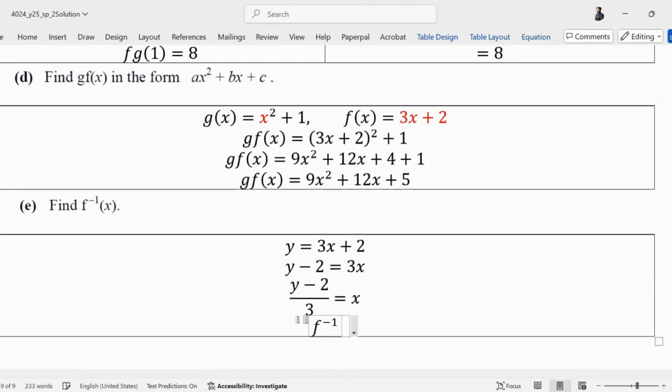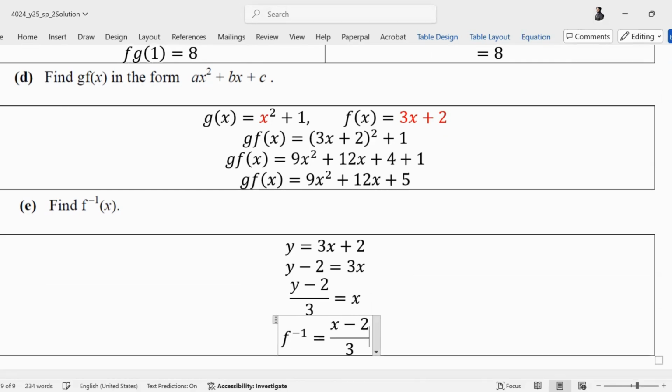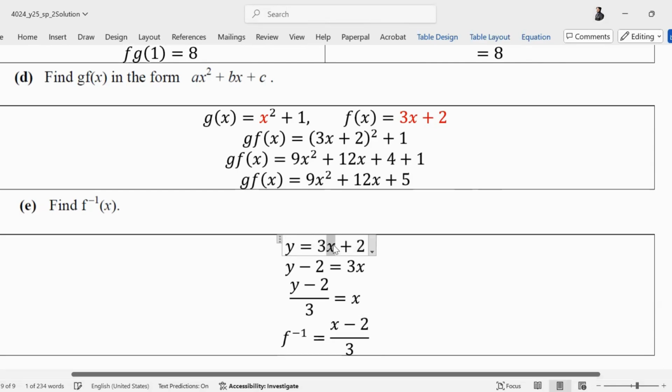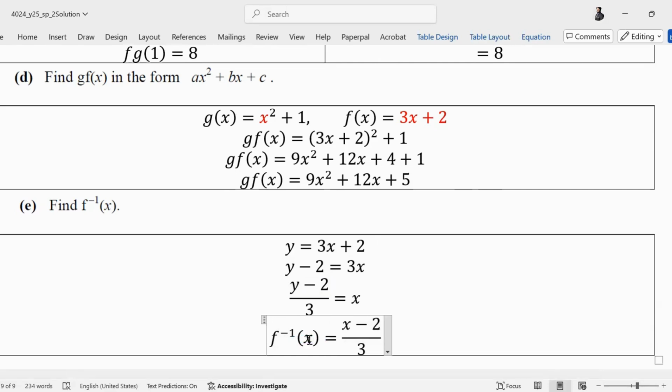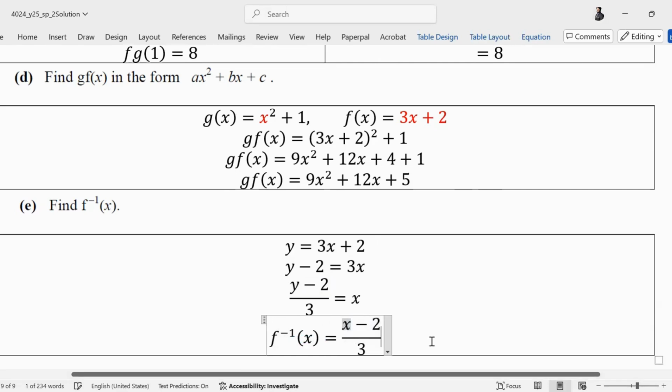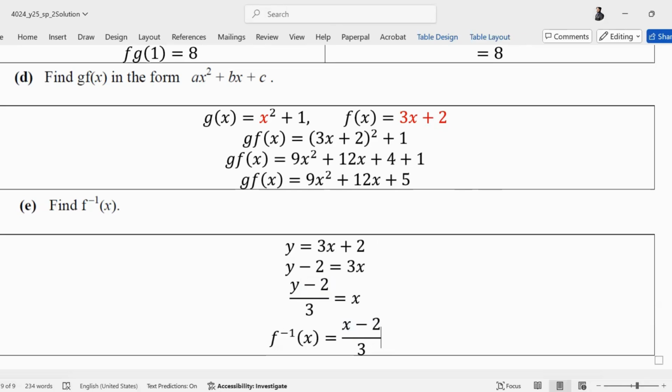And for input, I'll be using the variable x. This is how we can form an inverse function. This is my output and this is my input in the initial function. When I turn it around, now I want this to be the input. And for input, we use the variable x. So this is how we get an inverse function.